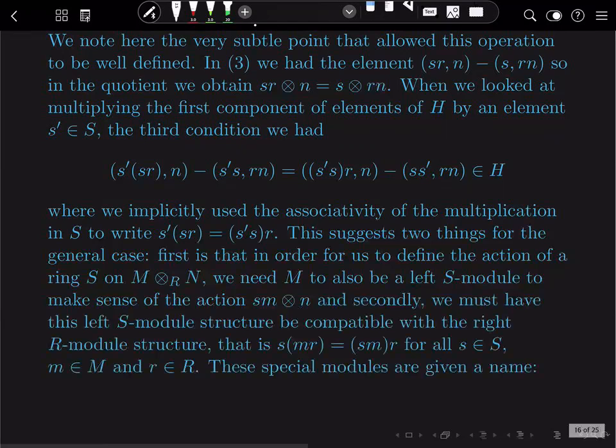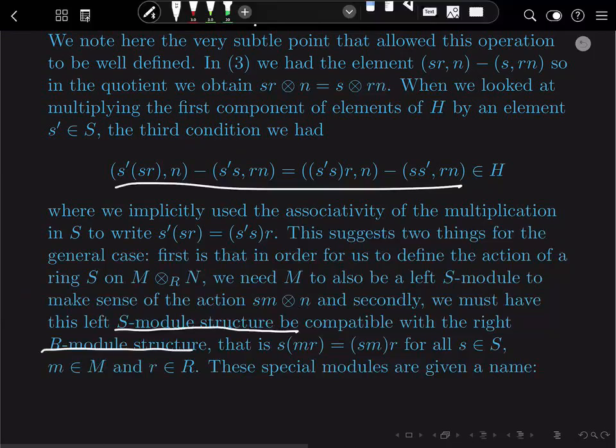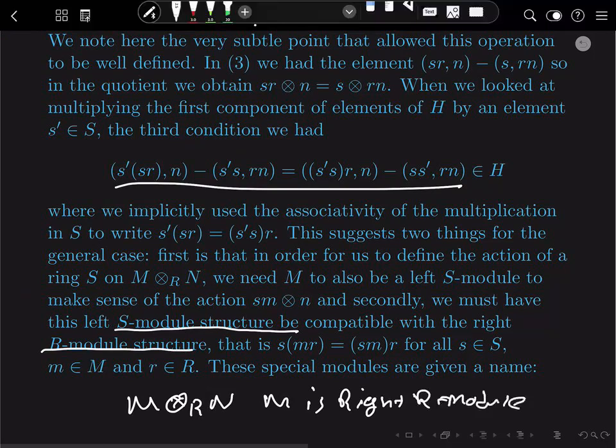The second thing that we need, in order for this to be well defined, as we showed up here, is some kind of associativity condition, right? So the left S module structure must be compatible with the right R module structure of M. Because we know that when we have M tensored over R with N, M is a right R module, and N is a left R module.